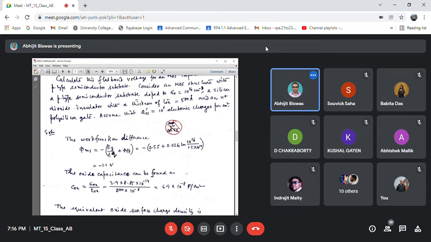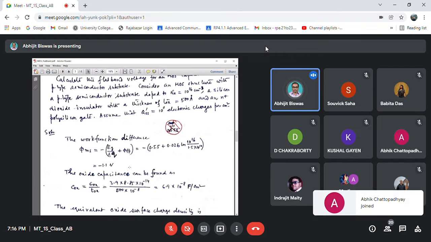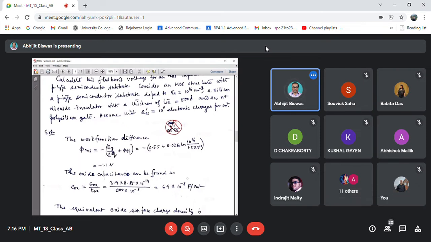So just half of the band gap means 0.55 volt, because Eg is given in electron volt and it is divided by electronic charge, so the unit will be volt.